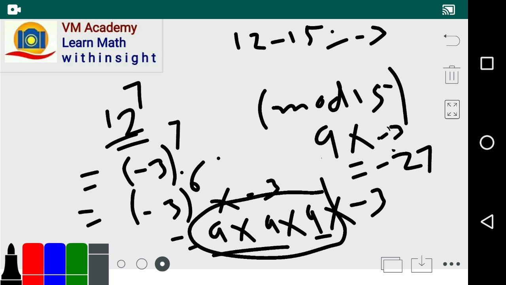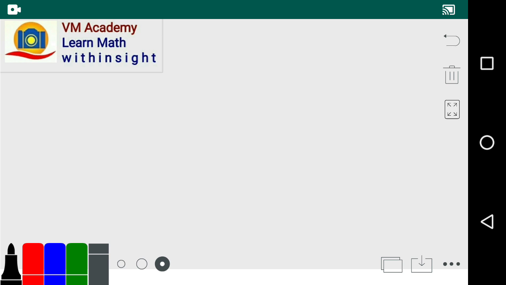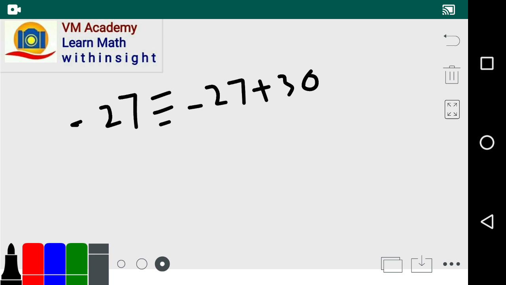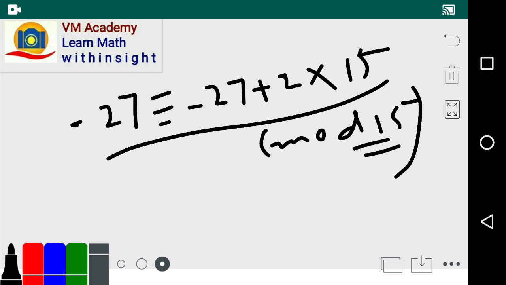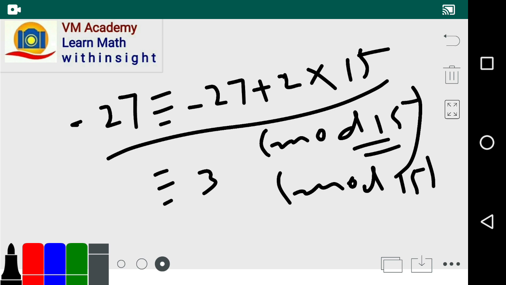Now minus 27 is congruent to minus 27 plus 30 with respect to modulo 15. That is 30 means twice 15 added. So this becomes 3. Thus in this manner this turns out right.